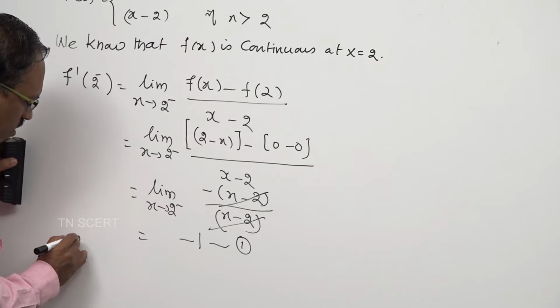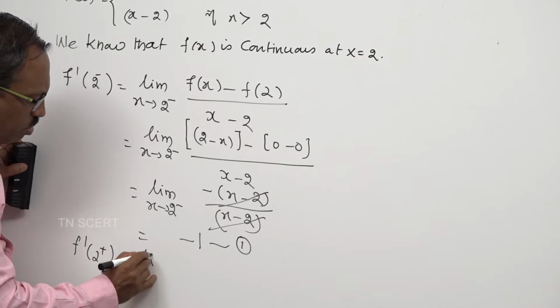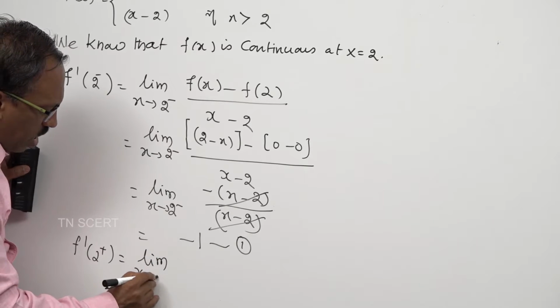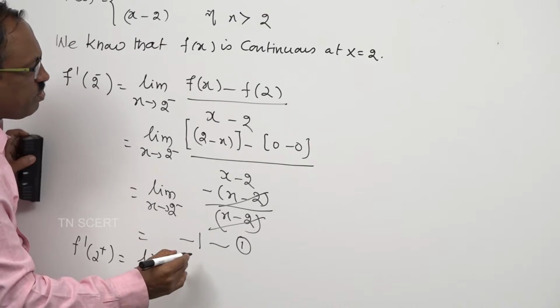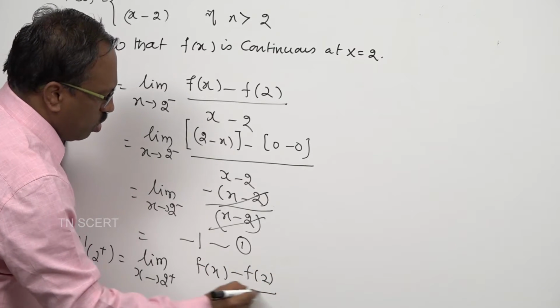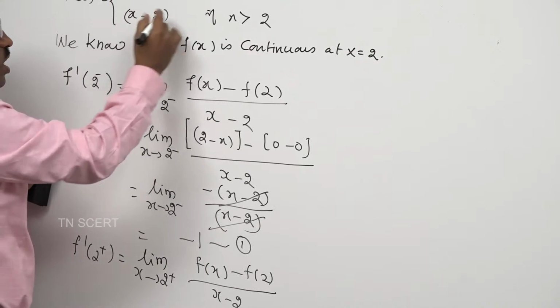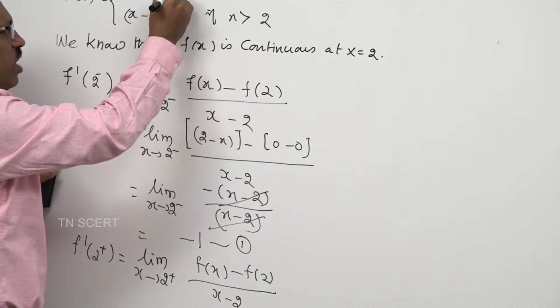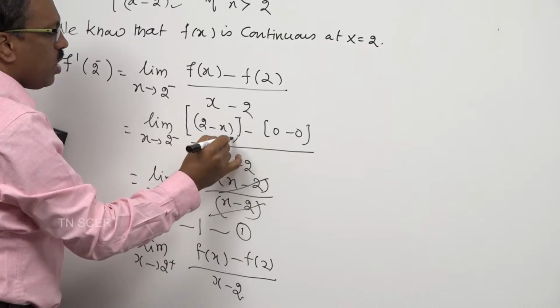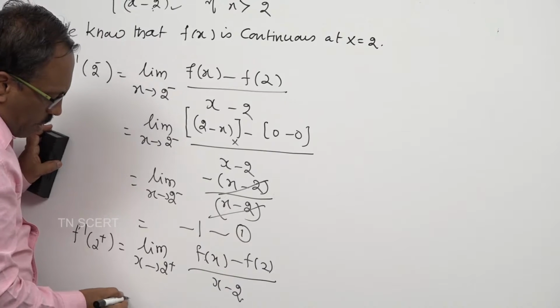Now let us take f dash of 2 plus. By the definition, it is the limit as x tends to 2 plus of f of x minus f of 2 over x minus 2. In the first case we took this value and substituted. Now for this case we have to take this part.